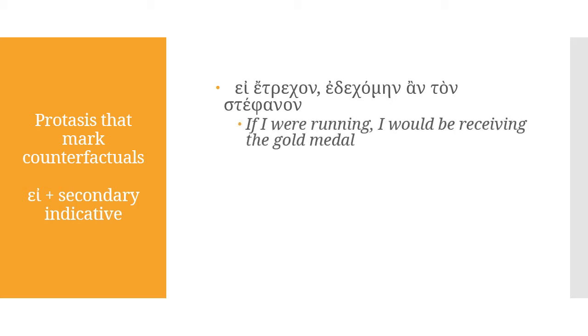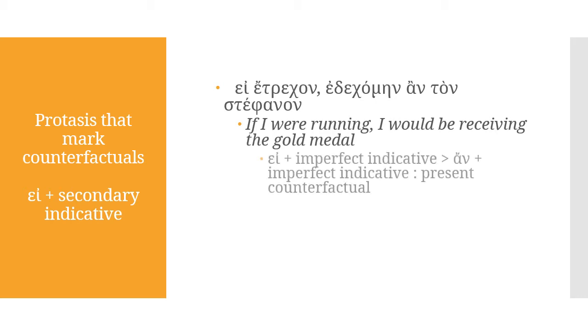If I were running, I would be receiving the gold medal. There's ei with imperfect indicative, and then an with imperfect indicative, result, present counterfactual. So to flip back to the traditional approach would be to say, okay, if you have ei with imperfect indicative and then you have an imperfect indicative, the result is present counterfactual. That's how you work out what's going on.